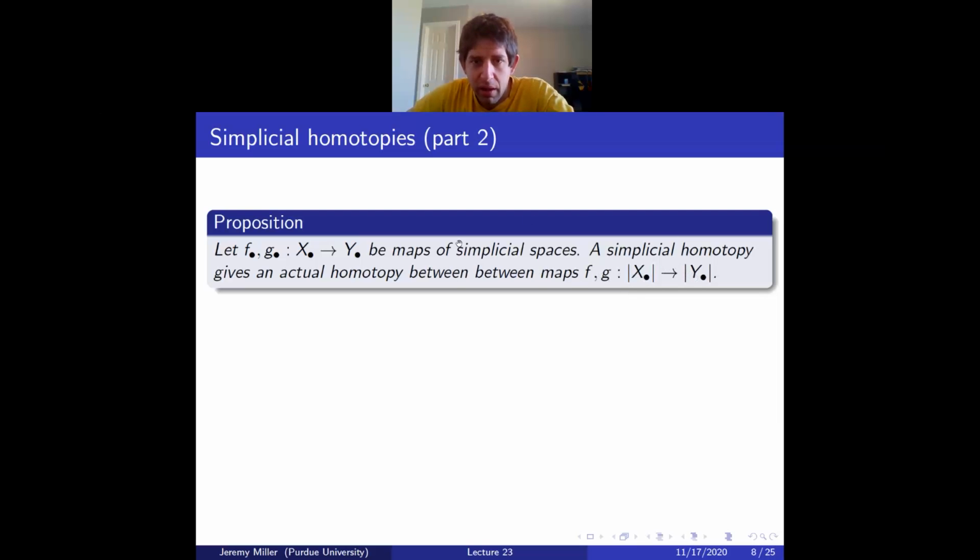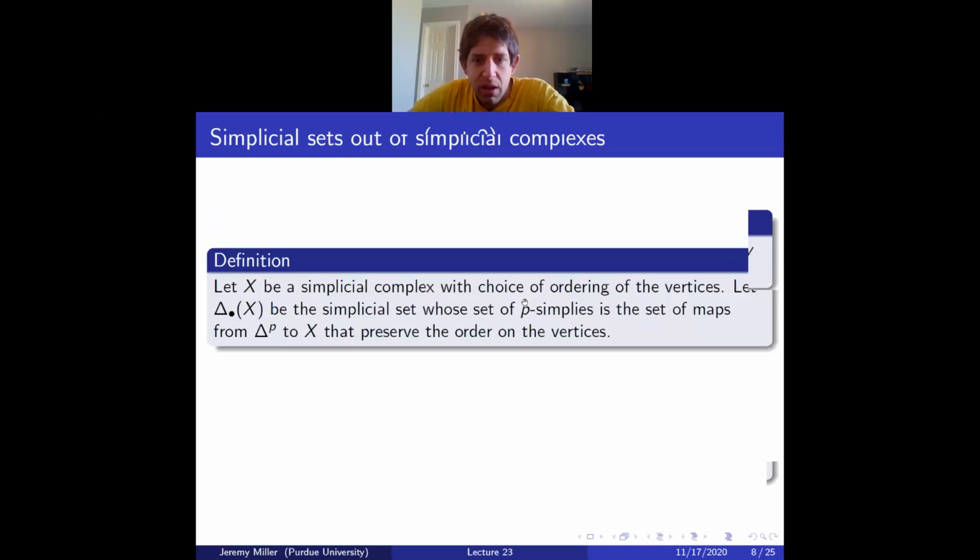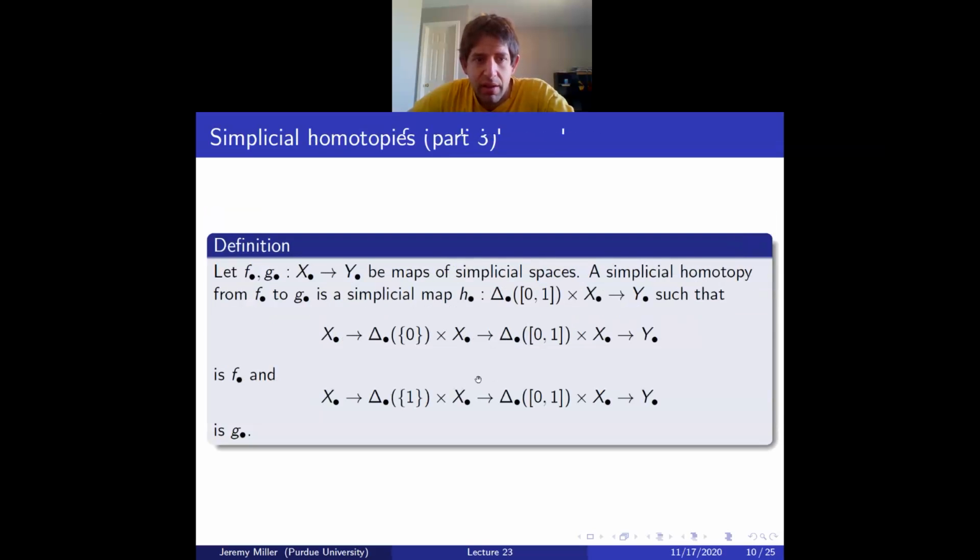So the way you would prove this is by using this second definition. But in the second definition, it's, I guess, more obvious that a simplicial homotopy realizes to an actual homotopy.